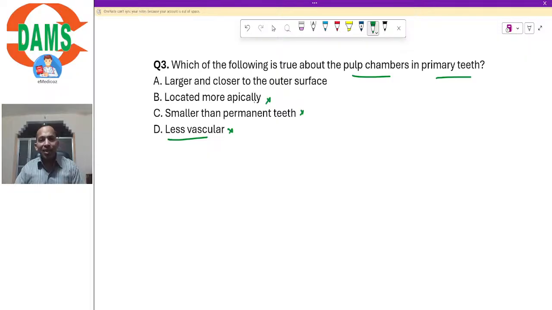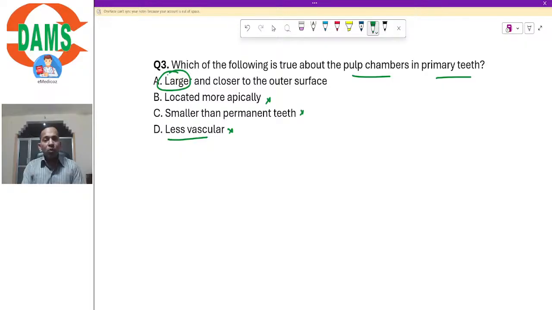Now, when you consider the thickness of the hard tissues, right? It is shallow. It is broad. But since the thickness of the hard tissue covering this pulp is lesser in case of primaries as compared to the permanent, it relatively appears to be larger than the permanent dentition. So when we say larger, basically we are comparing it to something. So what are we comparing it to? We are comparing it to the permanent pulp chamber.